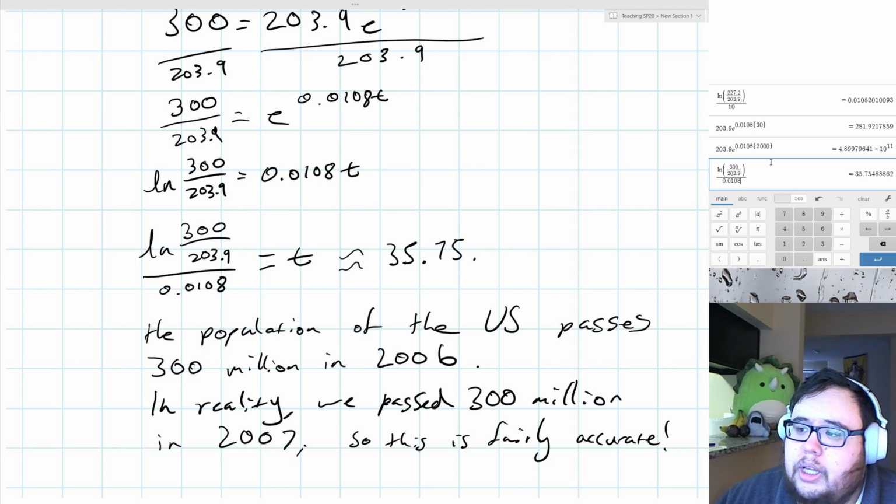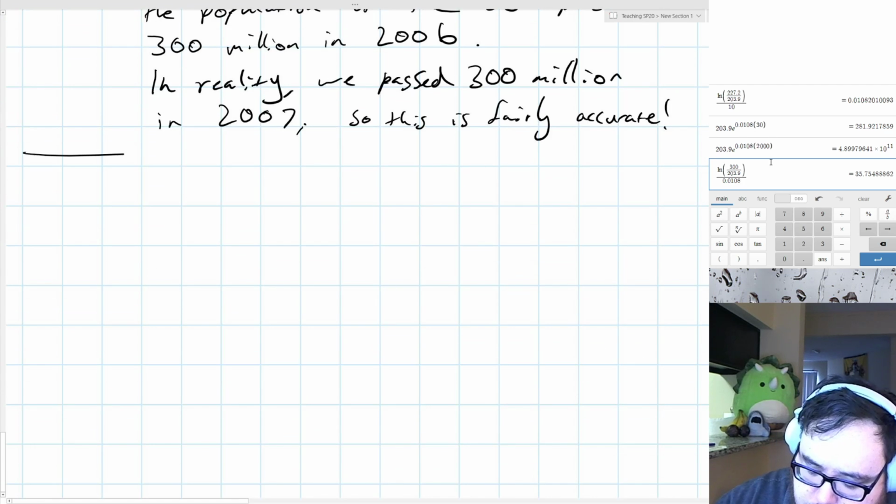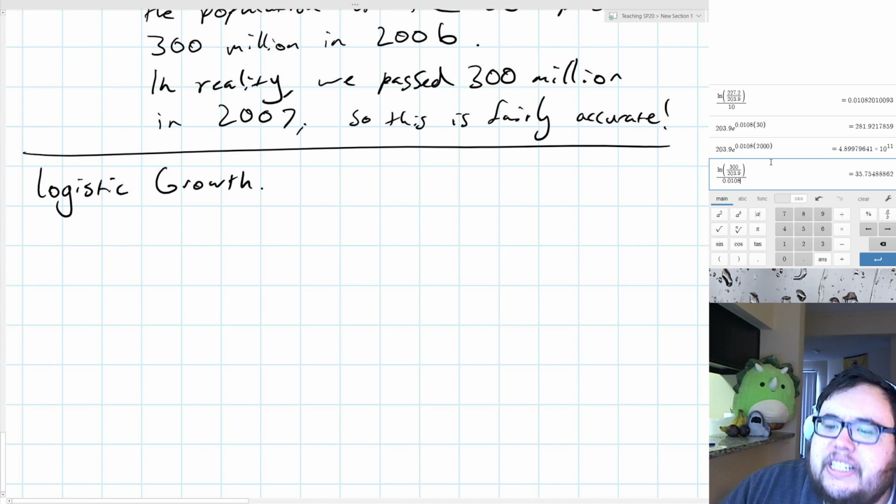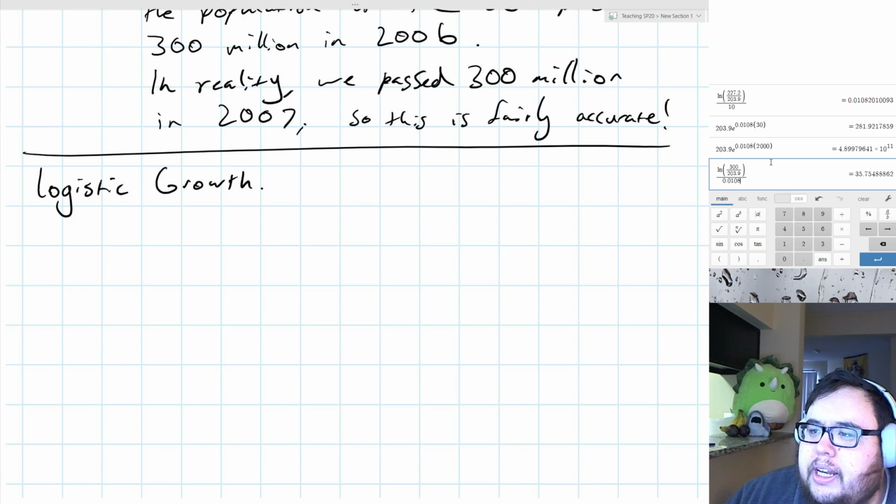All right, let's move into what's called logistic growth. So logistic growth is kind of like exponential growth, but it accounts for one of the big downfalls of exponential growth models.